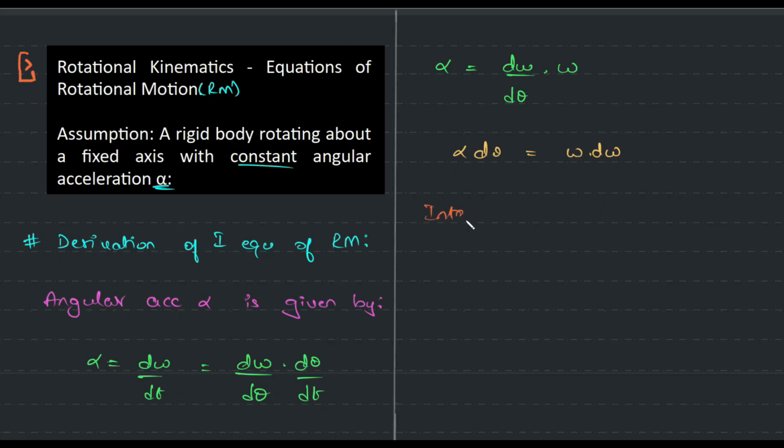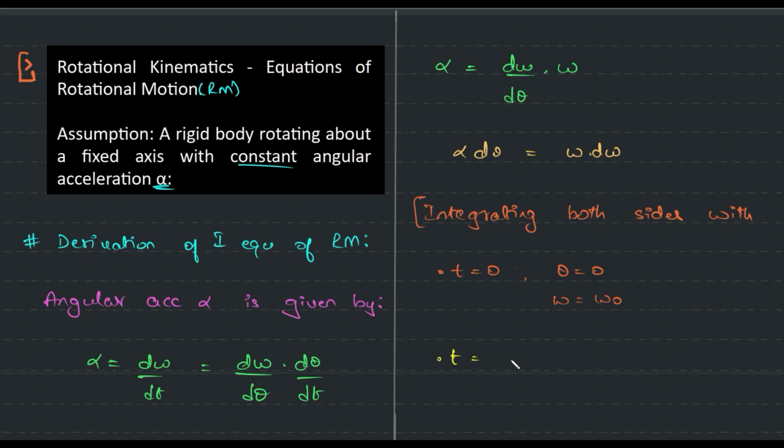So, integrating both sides. At t equal to 0, you have theta equal to 0 and omega, I'll take it as omega naught.